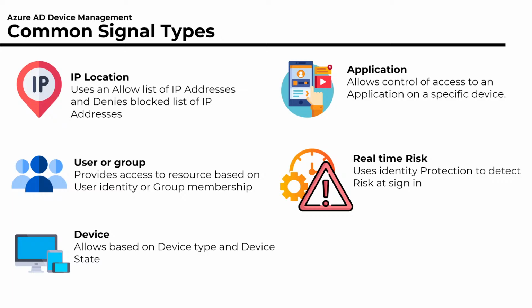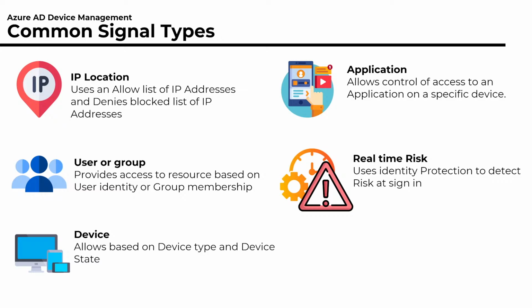So let's say I want only the users from the US location to be able to log in to the application, but not the users from the rest of the world. In that case, I will detect the IP address location from where it is originating, and I will allow the access only if the origin location is the US, or else we will just deny the access.